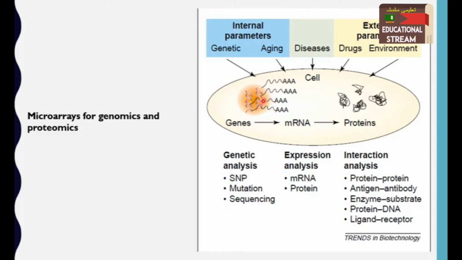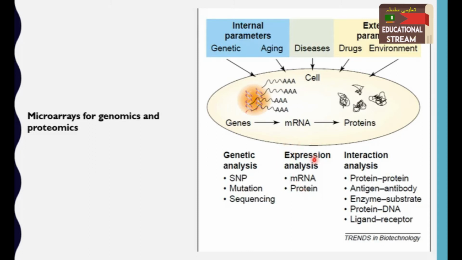Like we can obtain a huge amount of data from a single experiment, and then that data is used for the analysis of single nucleotide polymorphism, mutation, and then for the sequencing purpose, and for expression profiling, which has already changed the pharmaceutical research and their use as diagnostic tool. It has a big impact on the medicine and the biological research.